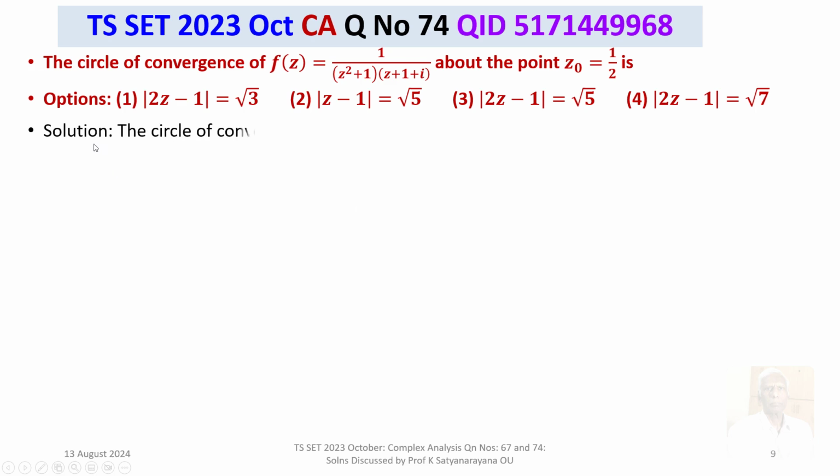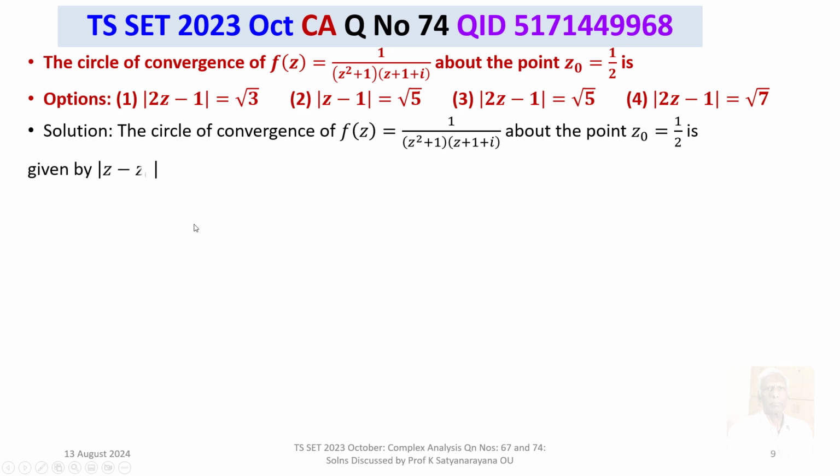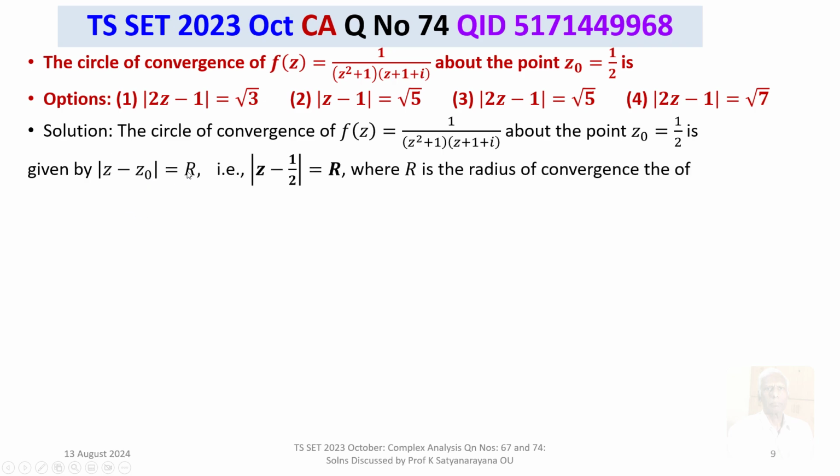The circle of convergence of f of z, that is 1 by (z square plus 1) into (z plus 1 plus i) about the point z naught is equal to 1 by 2 is given by modulus of z minus 1 by 2 is equal to r, where r is the radius of convergence of the Taylor series of this function f of z about the point z naught.